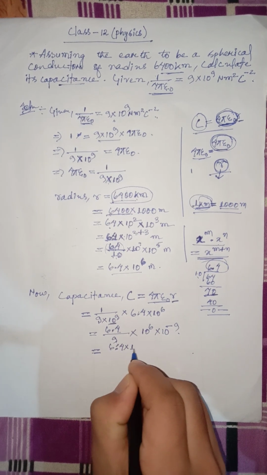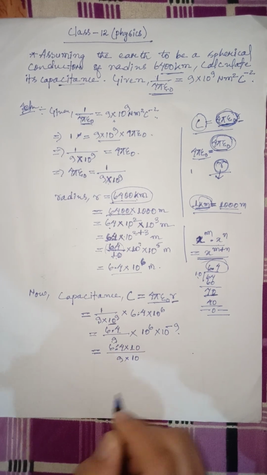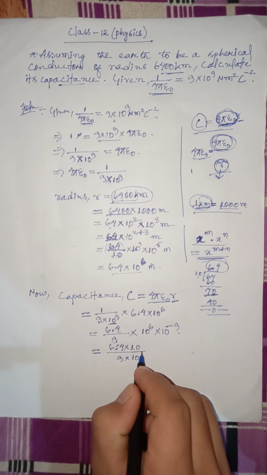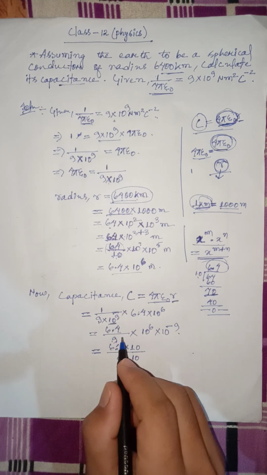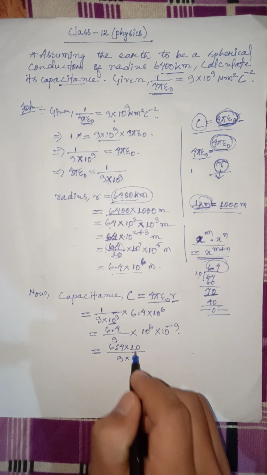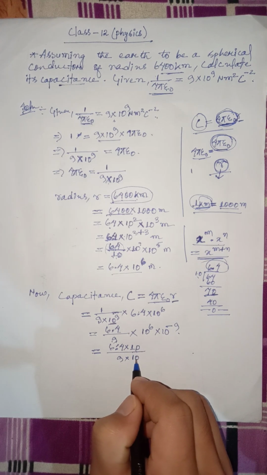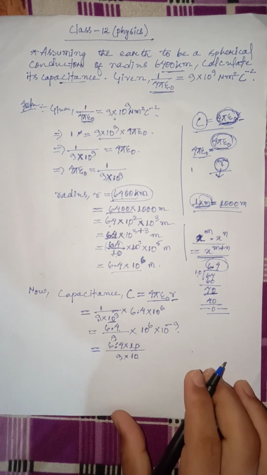You will have to multiply this with 10, and even downside you have to multiply 10 as well. So we put 10 upside as well as downside, which we call the numerator as well as the denominator, isn't it?